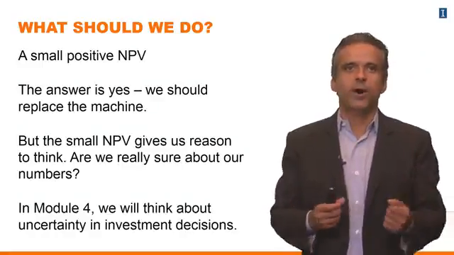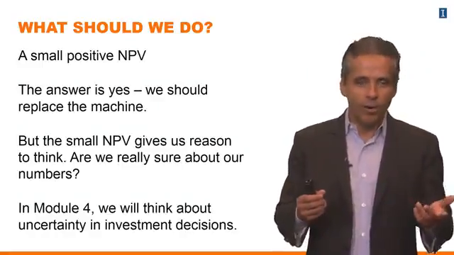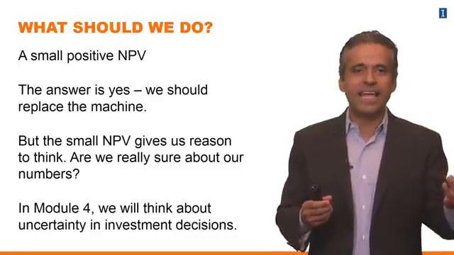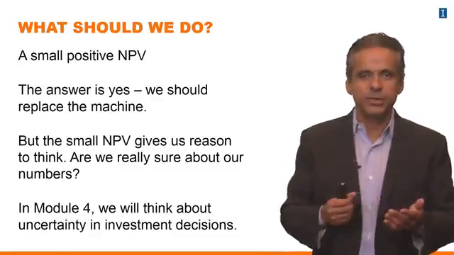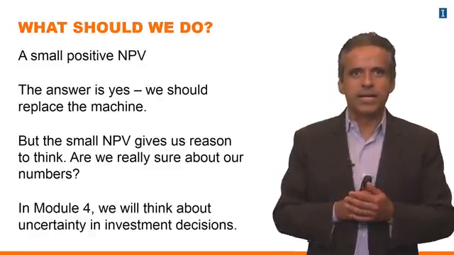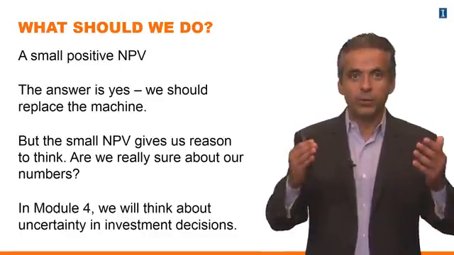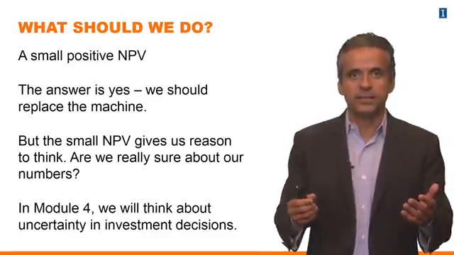But of course, everybody at this point is probably thinking, if I'm only going to make $500, why do I care, right? Maybe I shouldn't do it. Okay? I agree. This small NPV is going to give us reason to think. Okay? And really what we are concerned about here is uncertainty, right?